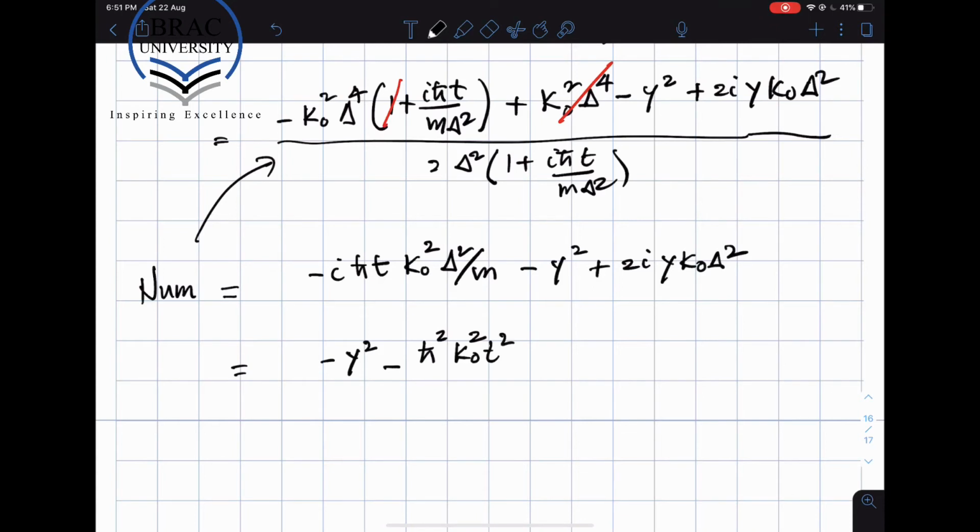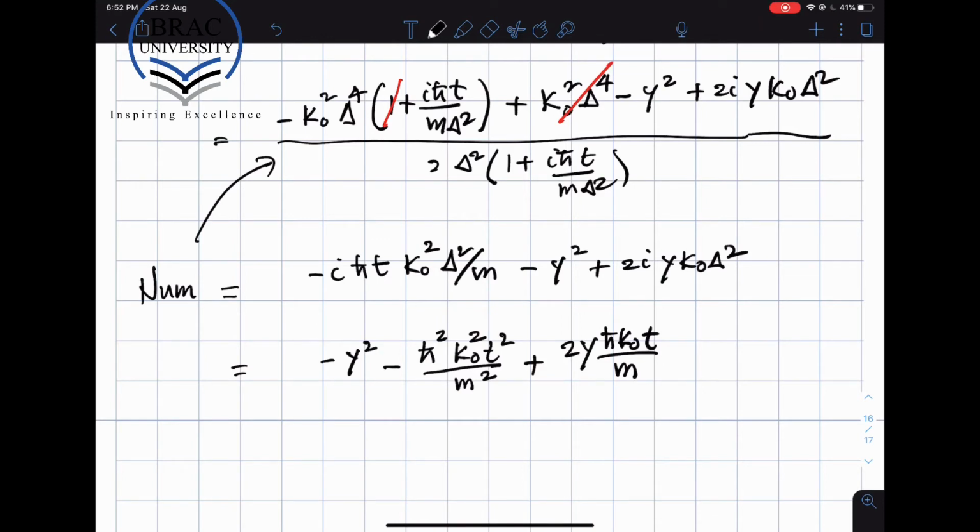So it's a real term. And then we're going to add another term, which also wasn't there, which is 2y h bar k naught t by m. And then we're going to write the terms which were already there.